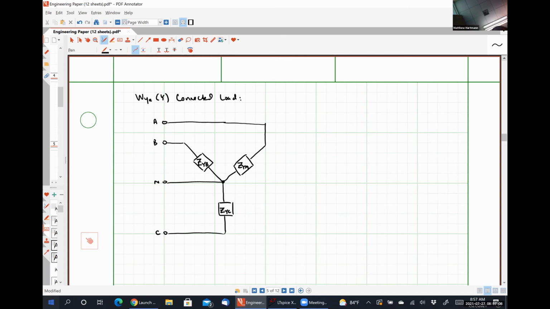I can draw this guy in the kind of window pane or rectangular looking format that I did the other one. Like so.